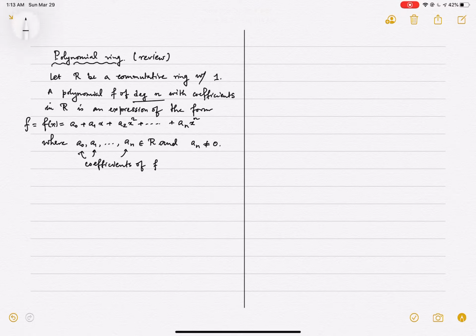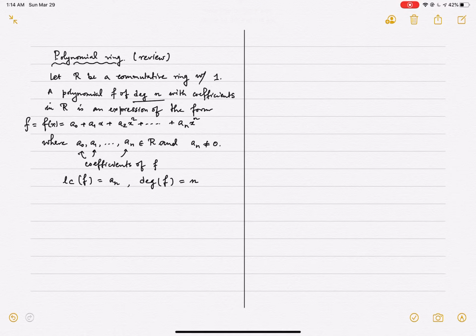The leading coefficient of f is the top coefficient, and the degree of f is the highest power of x that appears. You can look up a formal definition, but we wouldn't bother. So two polynomials are equal if all the coefficients match.